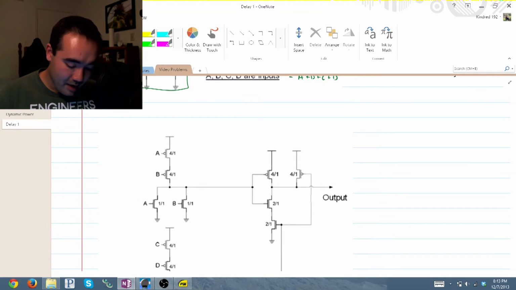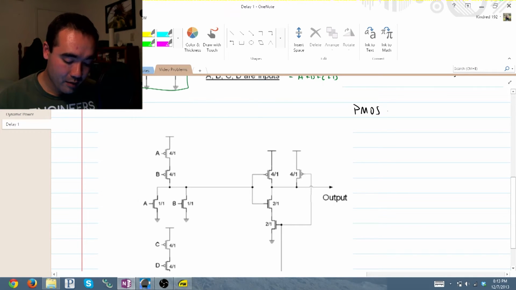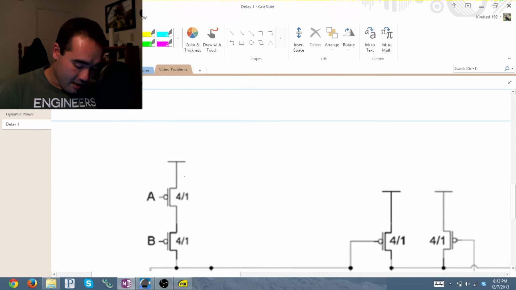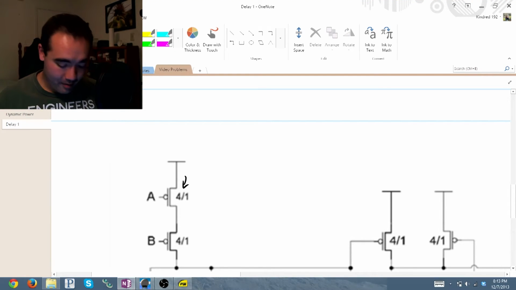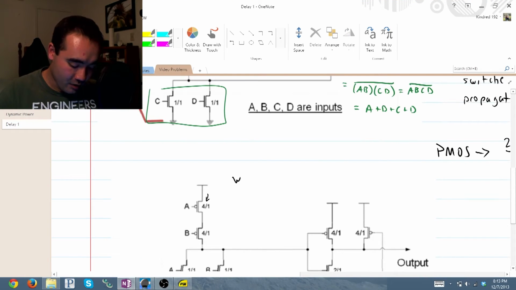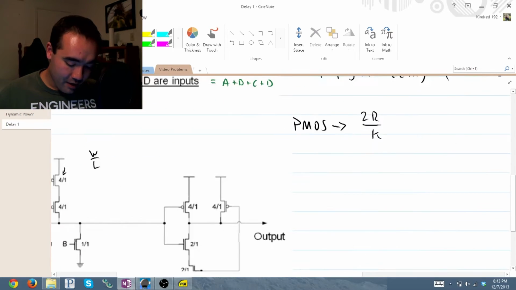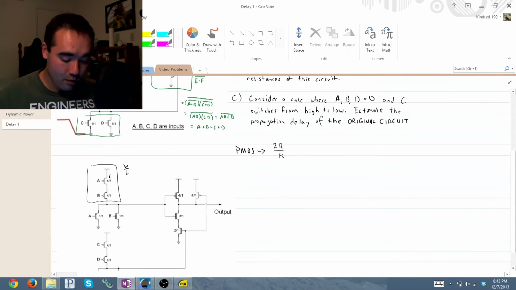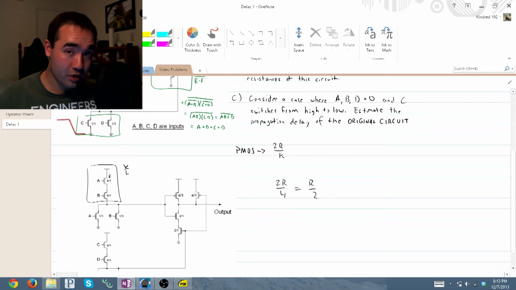Now remember that for PMOS, our equivalent resistances are 2R over K, where K is this number right here, the width, because we know that these are width over length ratios. Therefore, these PMOS that are 4 over 1 are 2R over 4, or equal to R over 2.